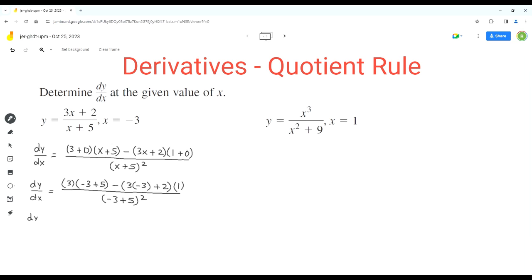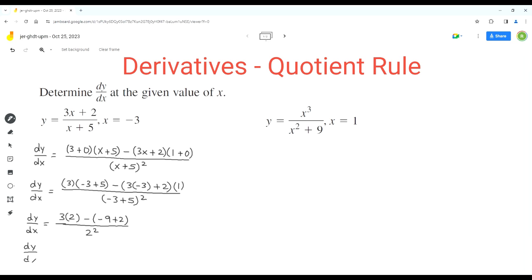Now we can simplify it further. In the numerator, in the second parentheses, -3 plus 5 is equal to 2. So we get 3 times 2, and then minus, and in the other parentheses we do 3 times -3, which is -9, plus 2. We don't need to write the 1 because multiplication by 1 doesn't change anything, and in the denominator we get 2 squared.